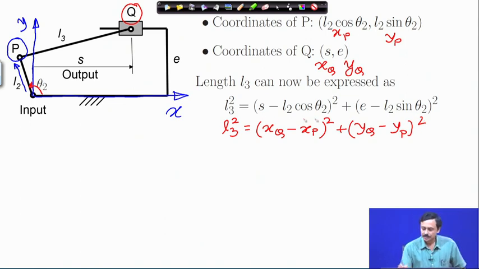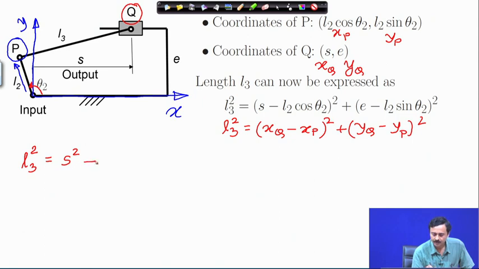So, here I have the expression. So, let us open up these squares and see what we have. So, we have L3 square is equal to S square plus L2 square cos square theta 2, and from the second bracket we will have L2 square sin square theta 2.